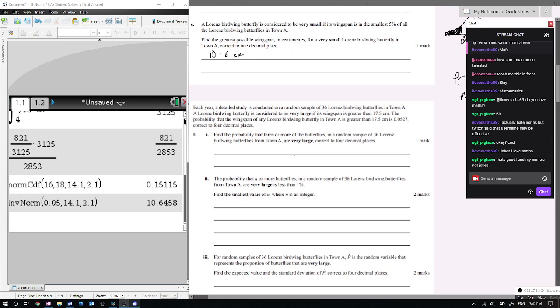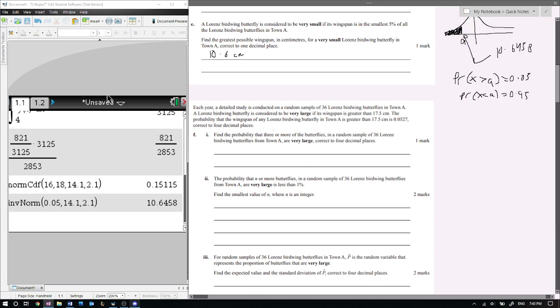Okay. Question F. Each year, a detailed study is conducted on a random sample of 36. It's considered very large if its wingspan is greater than 17.55, and the probability that any Lorenz birdwing butterfly in town A is that large is 0.0527. So straight away, I'm thinking of binomial distribution, because the binomial distribution involves a sample number or number of trials, which is 36.